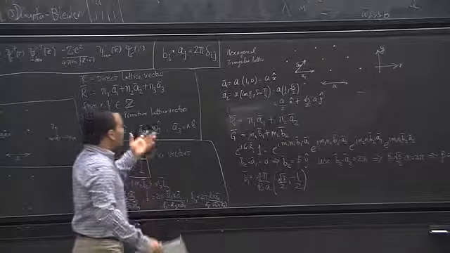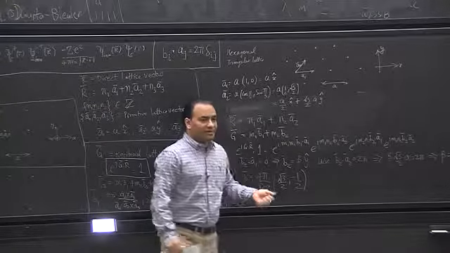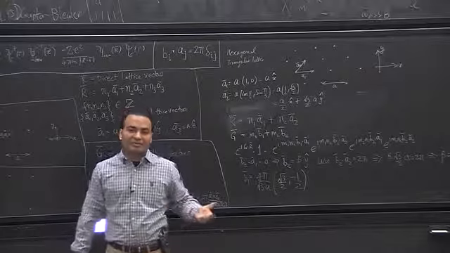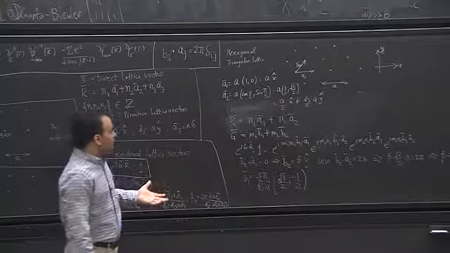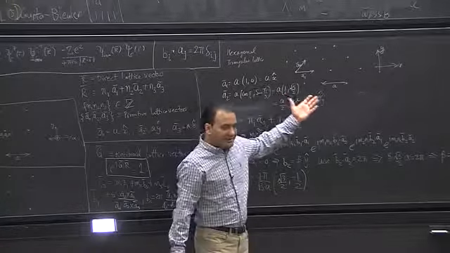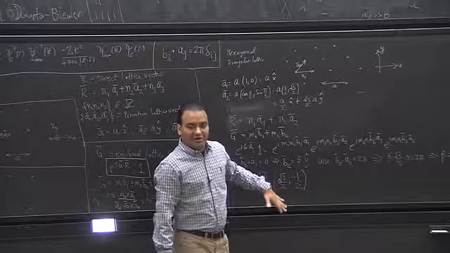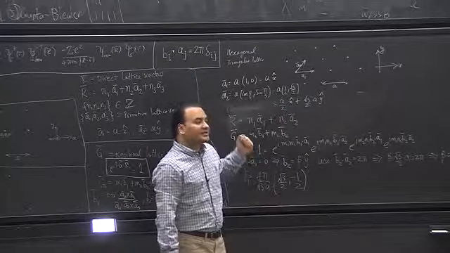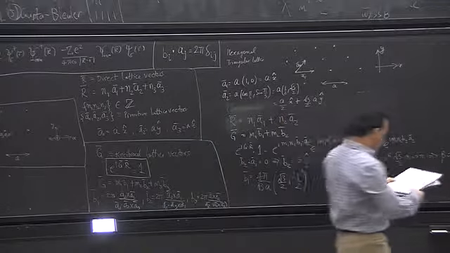So I have A1, A2, I have primitive reciprocal lattice vectors B1, B2. So I have a description of the direct space and a description of the corresponding K-space, reciprocal space.